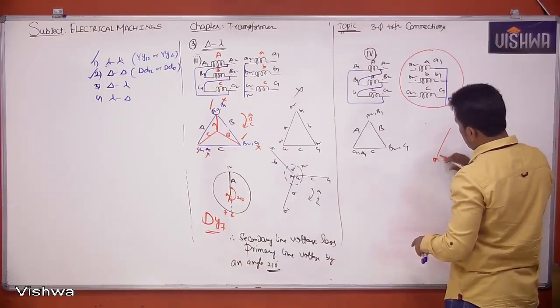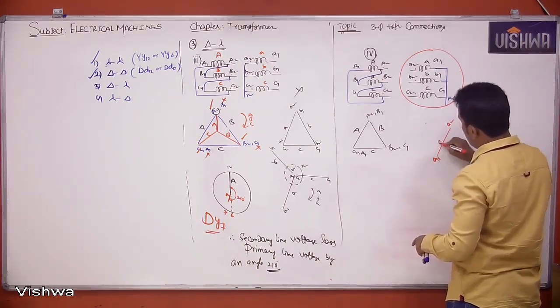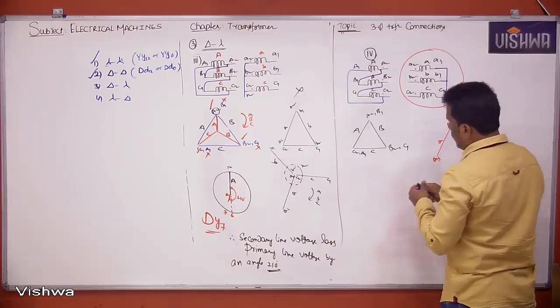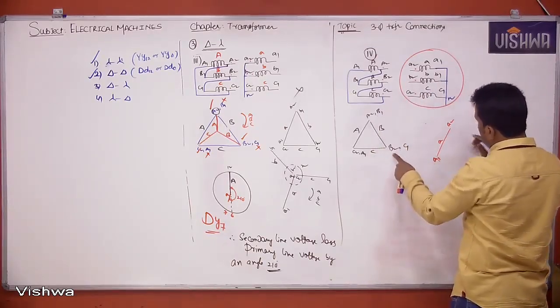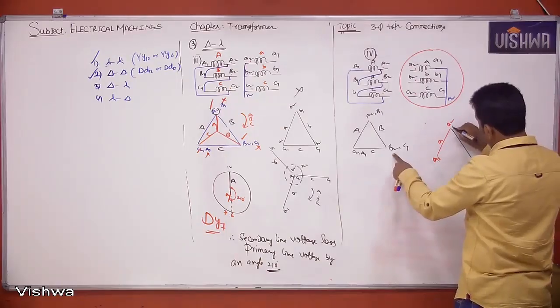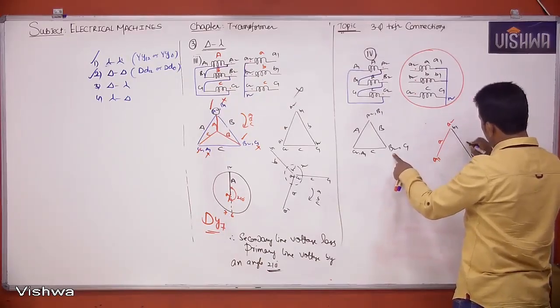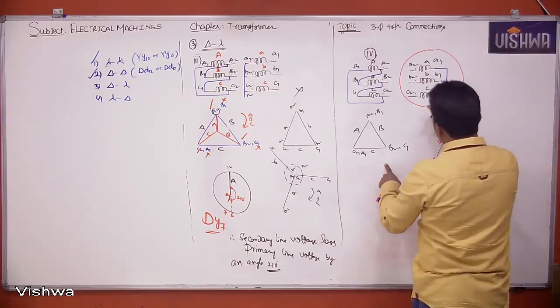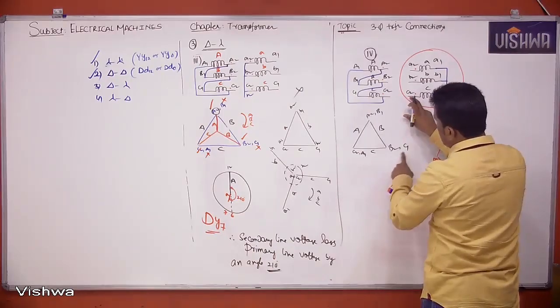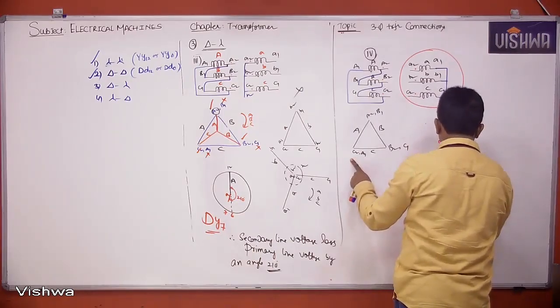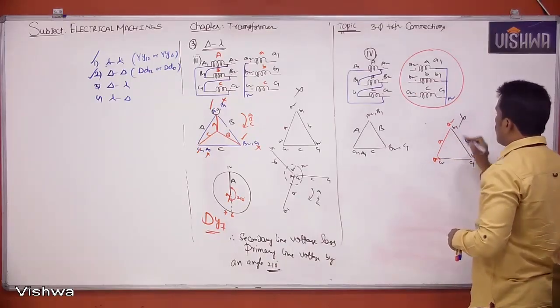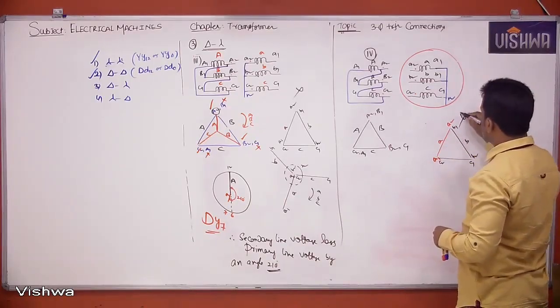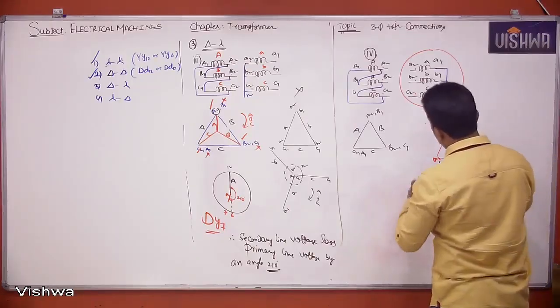Small a1, small a2 is small a, and small b1, small b2 should be drawn parallel to capital B1, capital B2, like this. B1, B2. Small c1, small c2 should be drawn parallel to capital C1, capital C2, like this. C1, C2. Okay, this is wrong. Why? It is in star. So this is wrong.